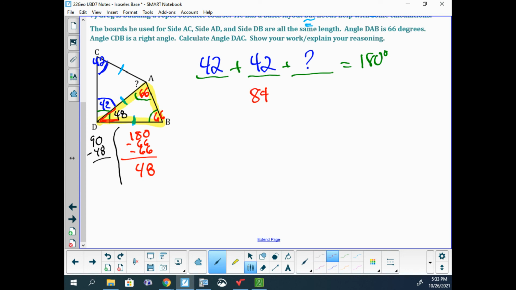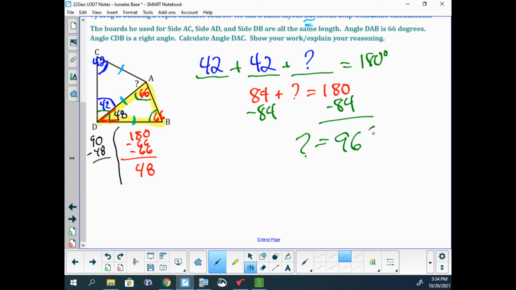So that's 84. And if I want to find the question mark, all I have to do is subtract 84 from 180. Question mark is 96 degrees.